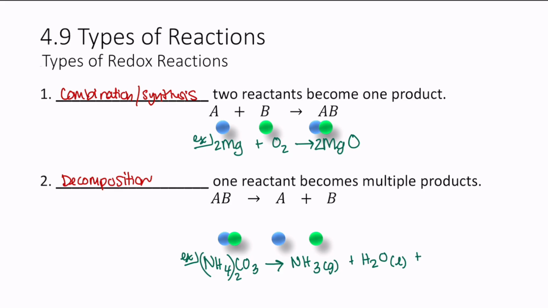And then you can't really see it unless you do a test, but it also produces carbon dioxide. So here, I know that it produces carbon dioxide because I still have some leftover atoms that I need to use.